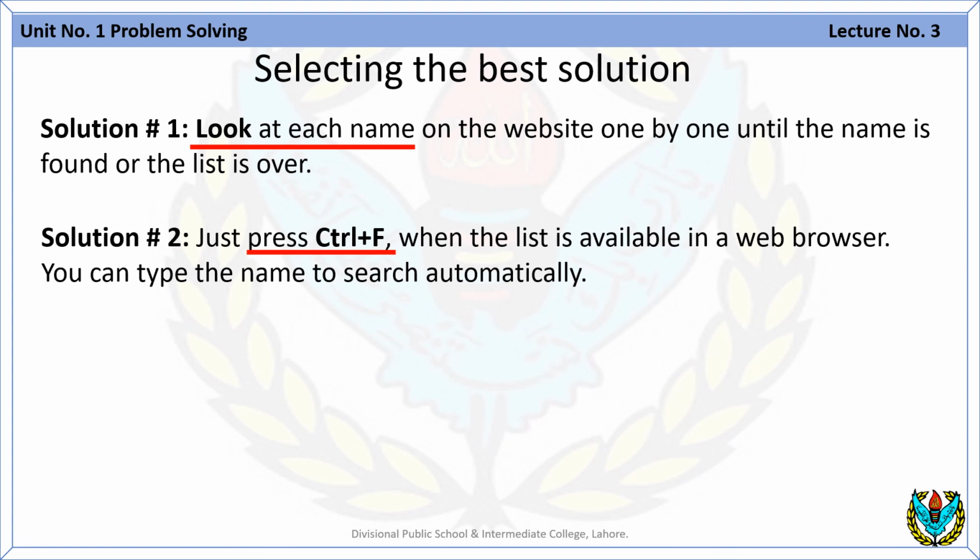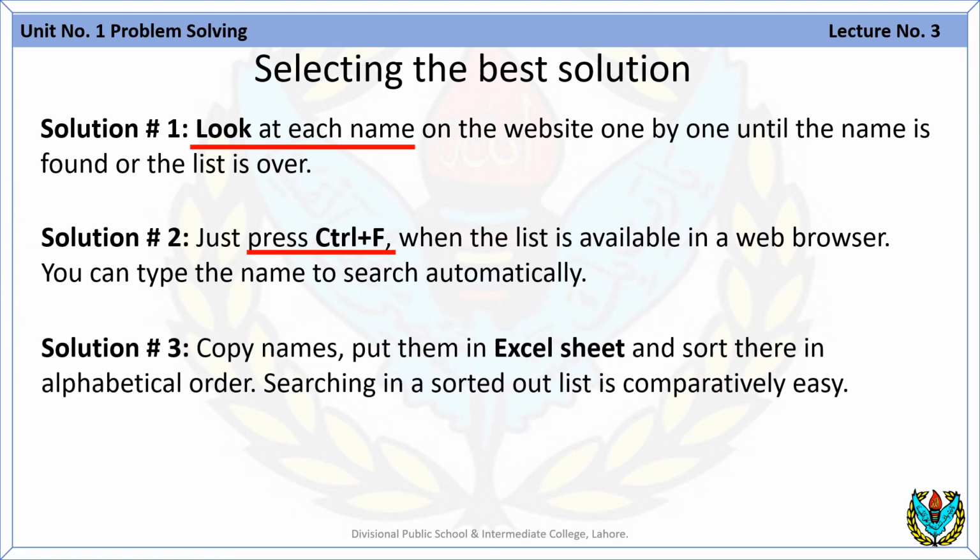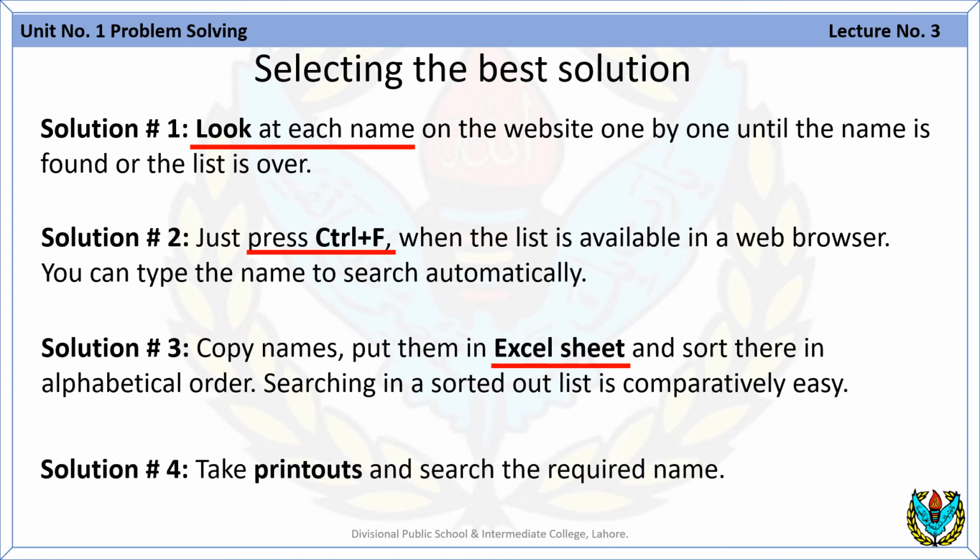You can type the name to search automatically. Solution 3: copy names, put them in an Excel sheet and sort them in alphabetical order. Searching in a sorted list is comparatively easy. Fourth solution is to take printouts and search the required name. You can select any one solution amongst these to search a particular name.